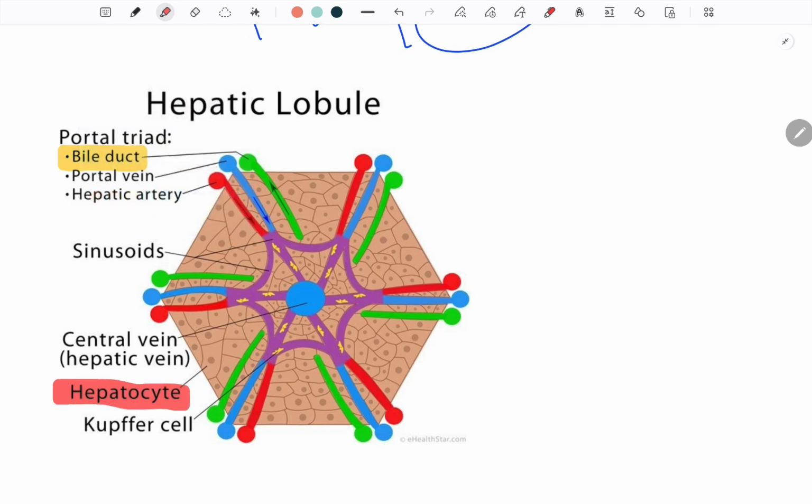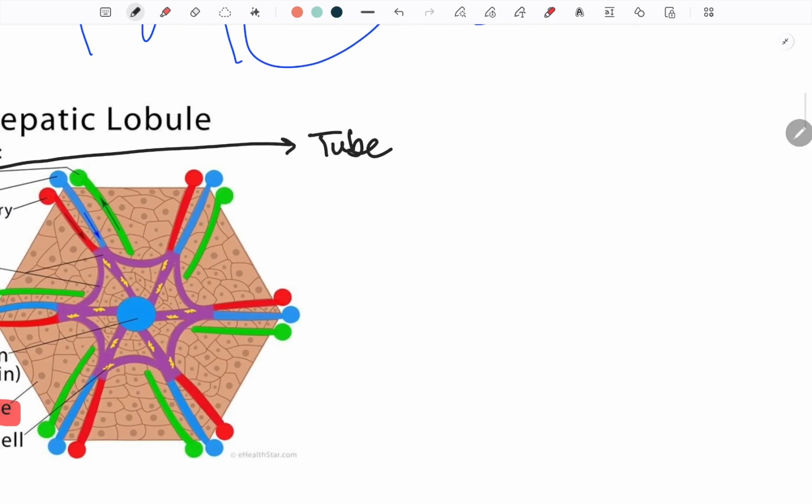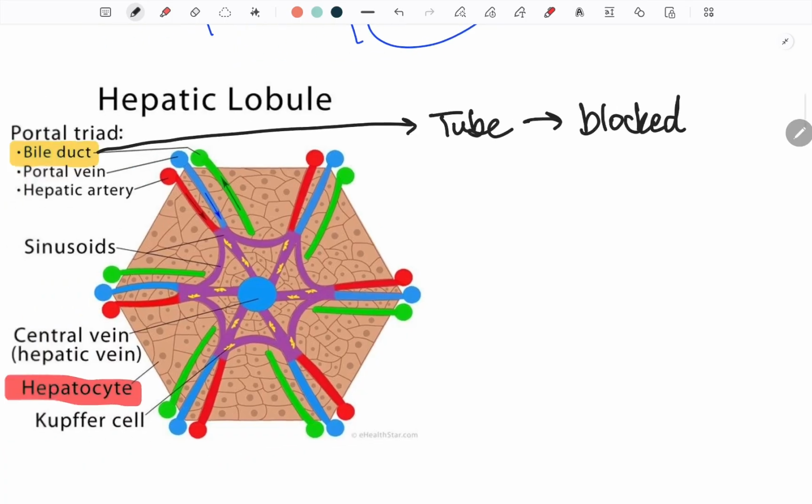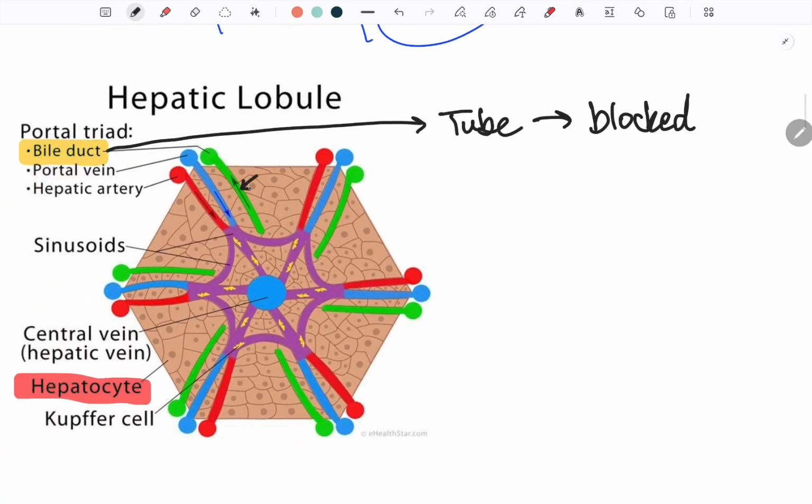Why? Well, I'll explain. The bile duct is a tube at the end of the day. And what happens to tubes when they go wrong? Well, many things can happen, but in this case, they get blocked. They either get blocked from the outside or from the inside, but regardless, they get blocked. So this is what can happen with the bile duct.